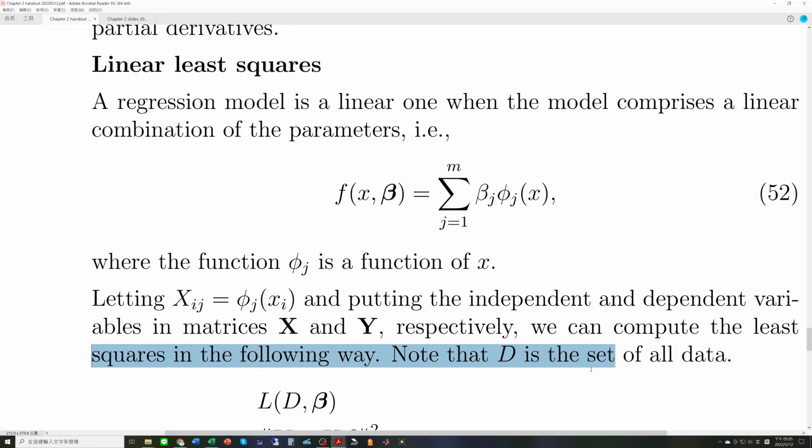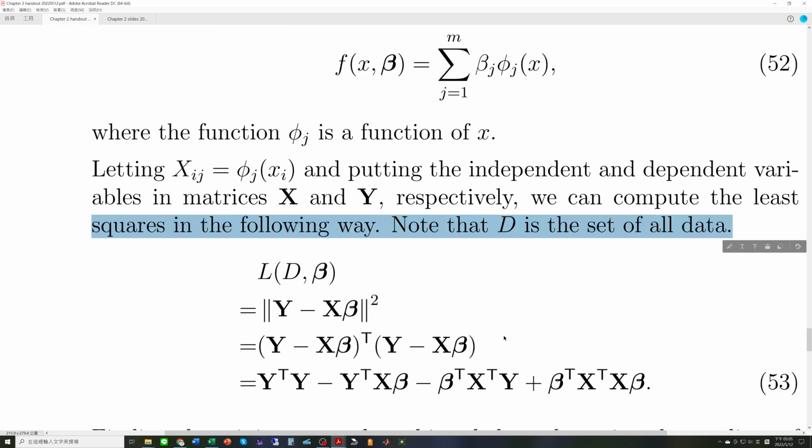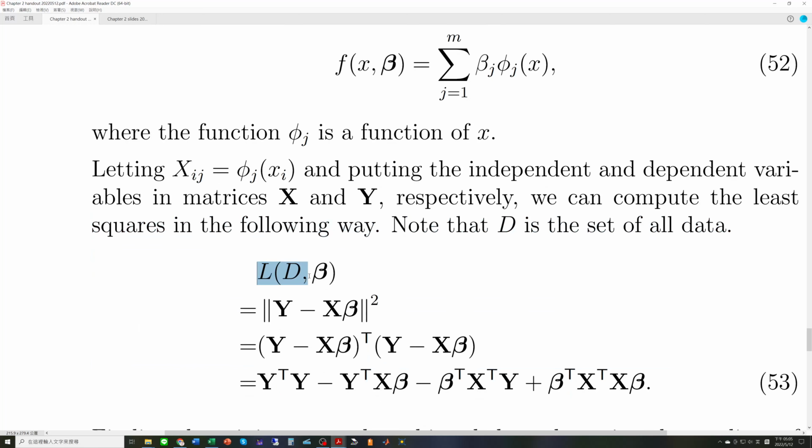Note that D is the set of all data. L of D beta is defined as the square of the norm of y minus X times beta. This is the vector norm, or you can say the Euclidean norm or two norm.